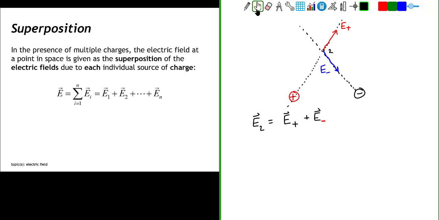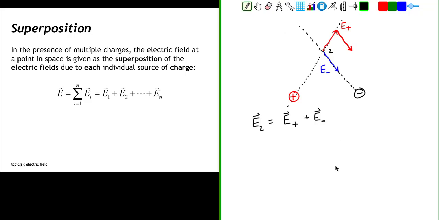We could visualize this graphically by adding those two electric field vectors together head to tail. So I'm going to take the electric field due to the negative charge and add it head to tail to the electric field due to the positive charge.